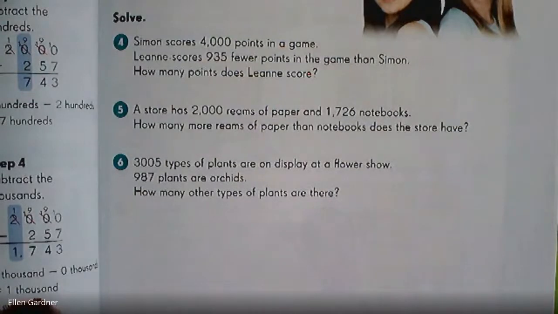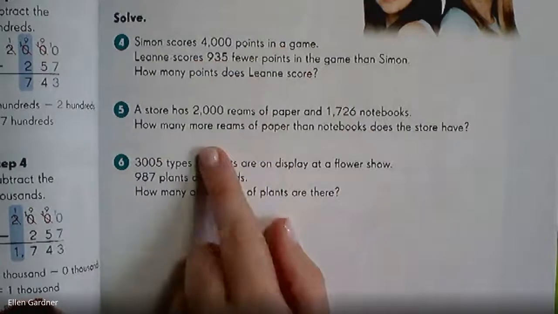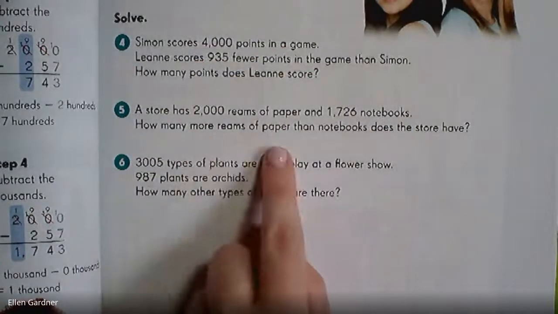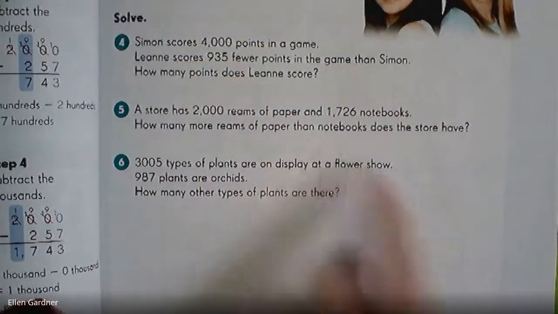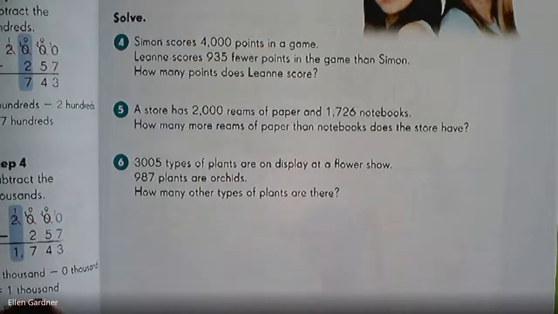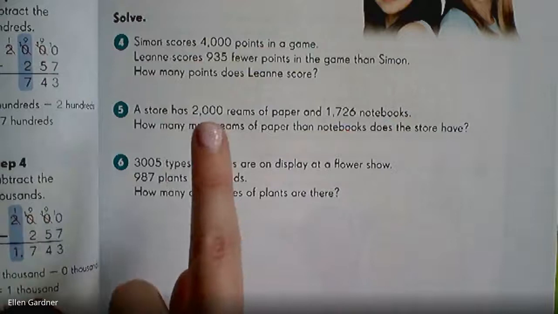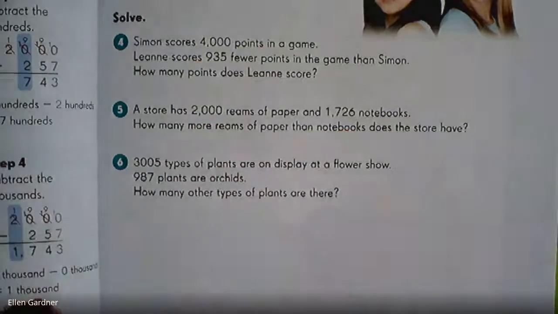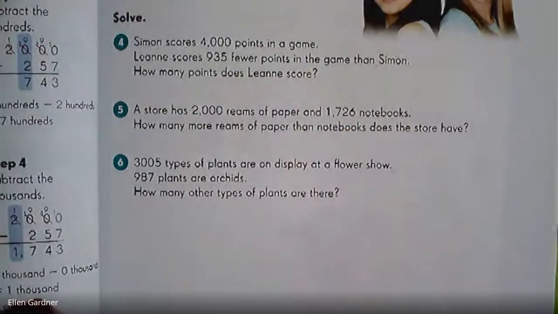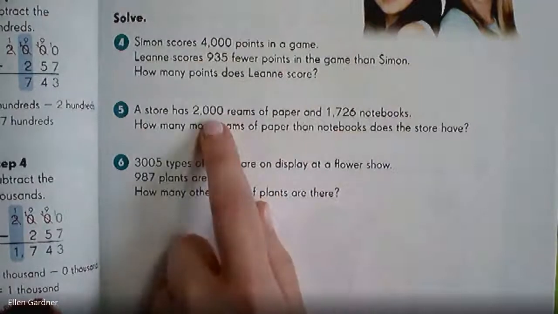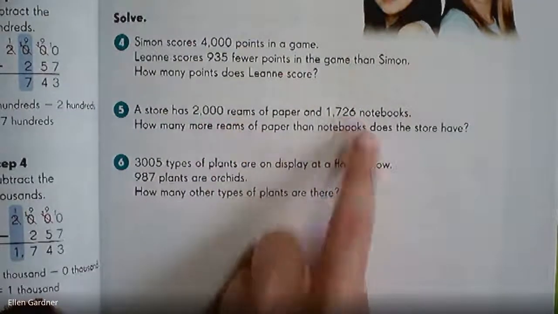Now, what is our final question? How many more reams of paper than notebooks does the store have? So we're comparing reams of paper and notebooks. We want to know how many more reams of paper there are than notebooks.